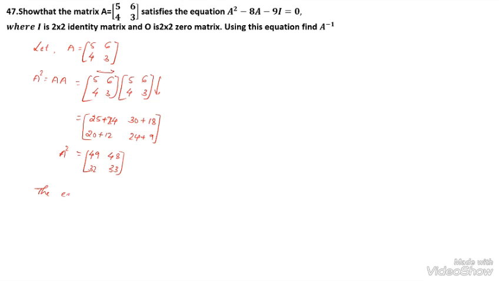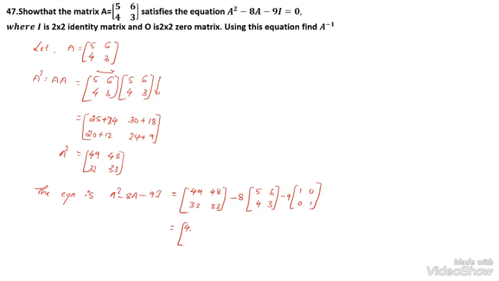The equation is A squared minus 8 into A minus 9 into the identity matrix. So substituting the values here, it is [[49, 48], [32, 33]] minus 8 into the matrix [[5, 6], [4, 3]] minus 9 into the identity matrix [[1, 0], [0, 1]].